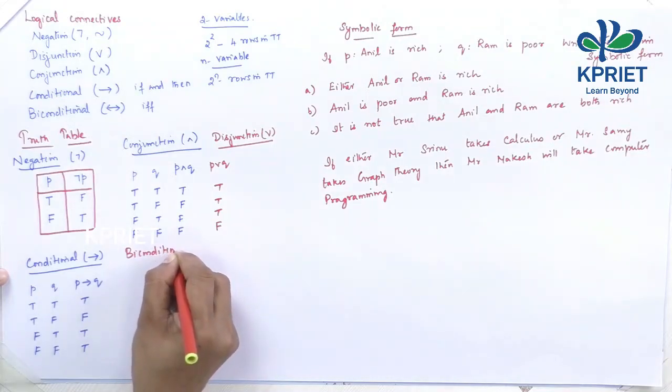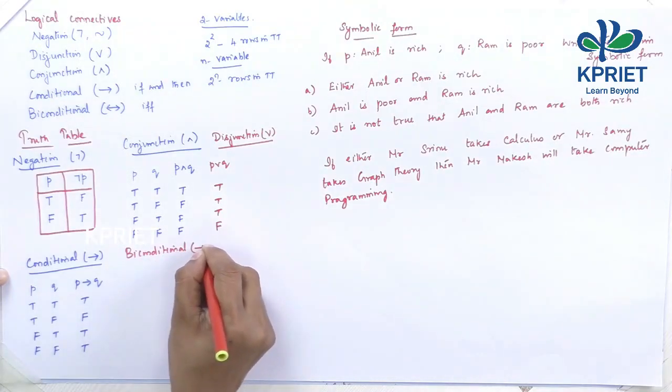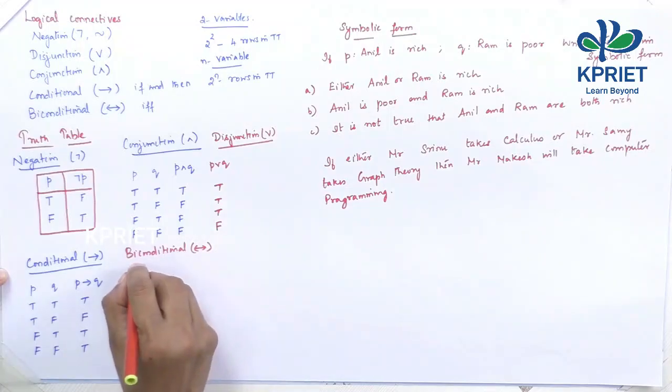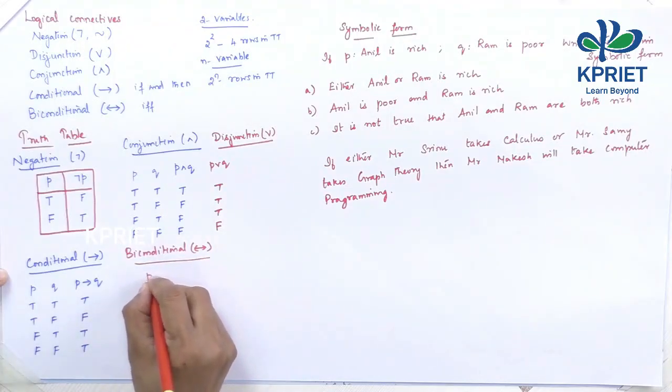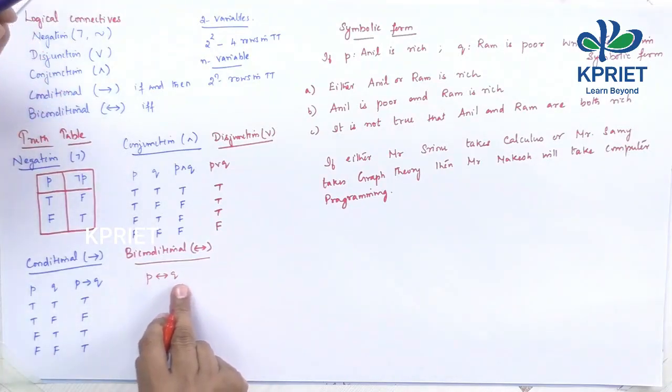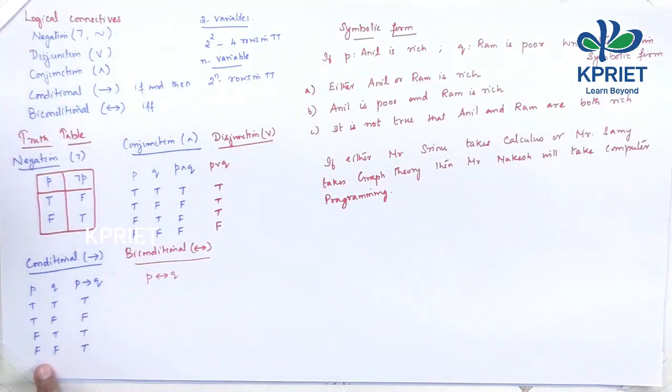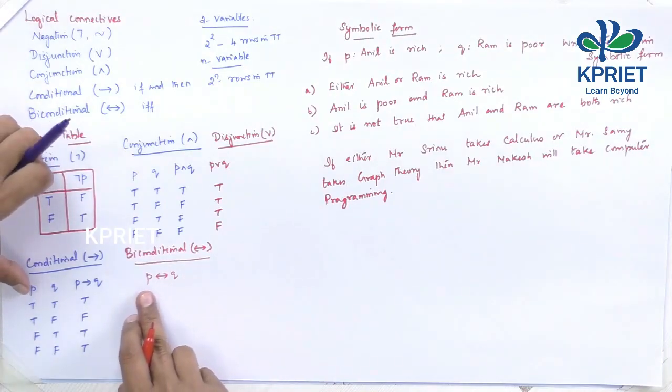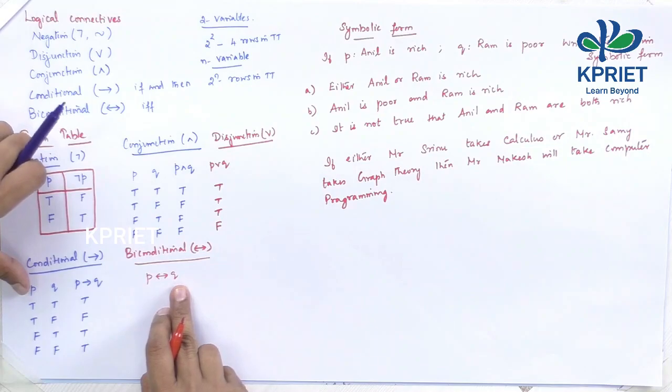And next we will see the biconditional connective, that is forward as well as backward. Here also this statement has 2 variables, so we have 4 rows in the truth table. Let us see what the truth value of this statement will be.